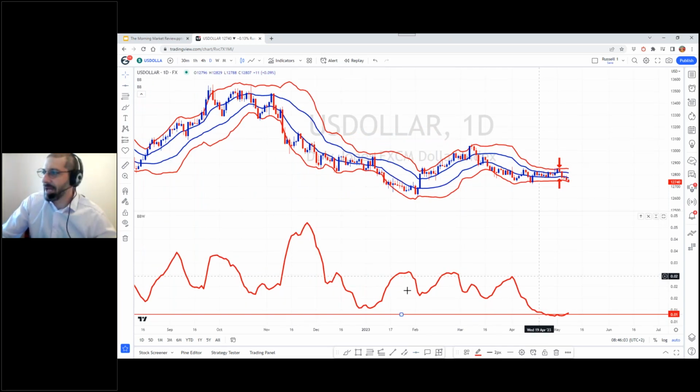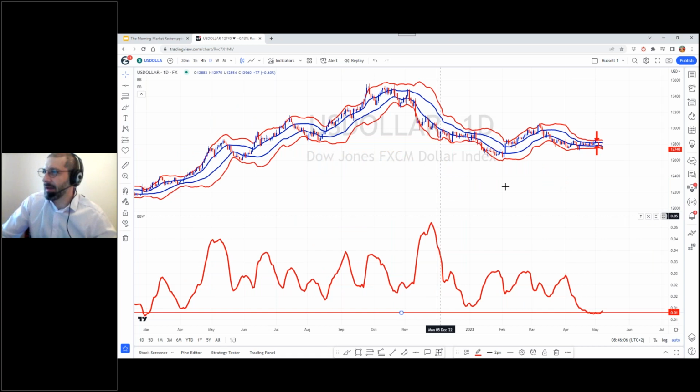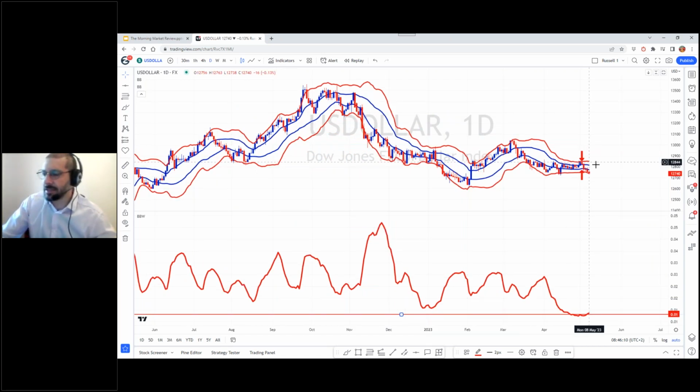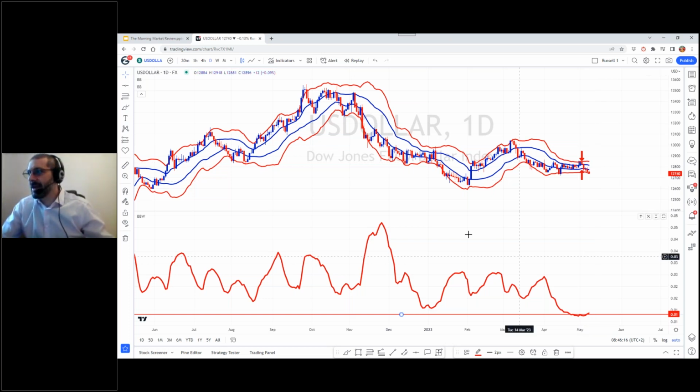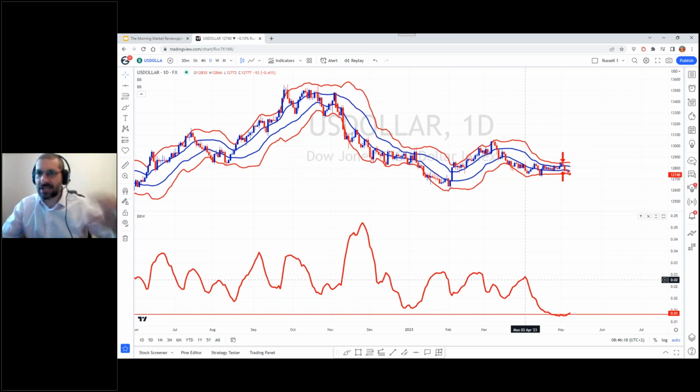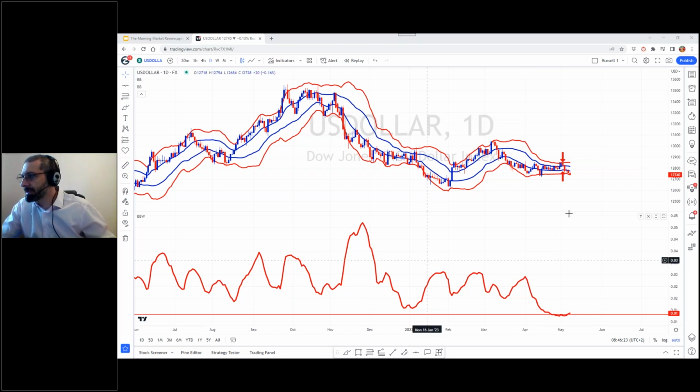What Bollinger Band Width effectively does is the upper band minus the lower band divided by the lower band. I think that's the formula for it. The idea here is it's a very visual way to see how tight the squeeze is in the Bollinger Bands, and it's now starting to show signs of expansion.